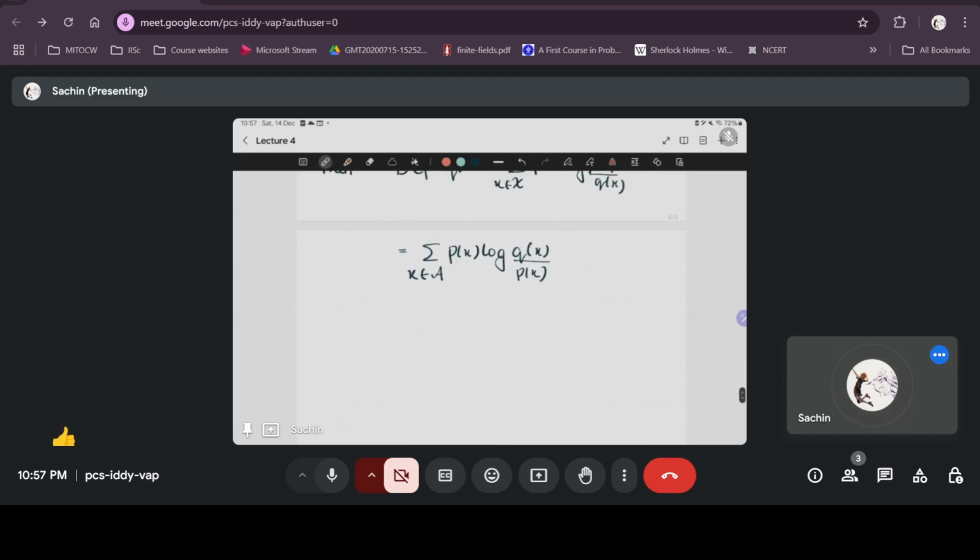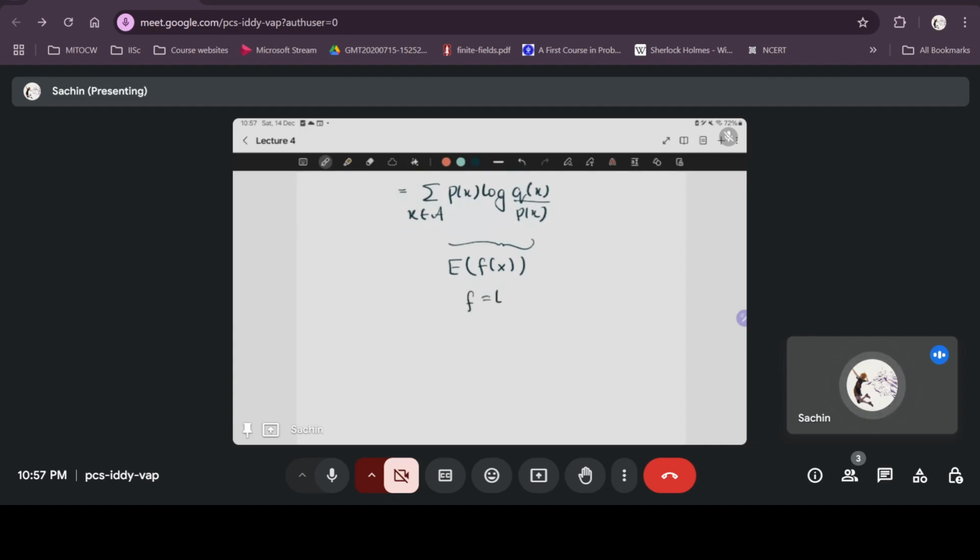So this looks like the expected value of f of x, where the function f is log of q of x by p of x, and the probability distribution is given by p of x.